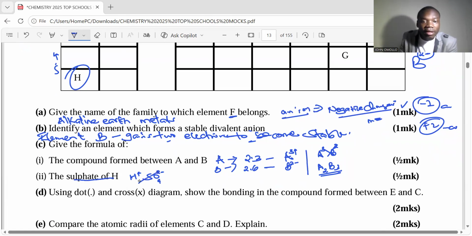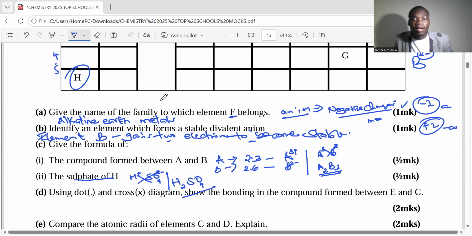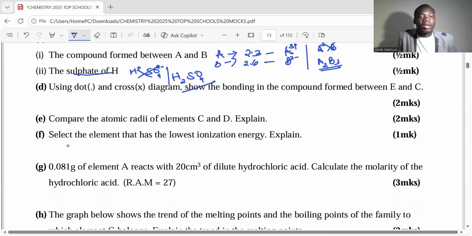So when these charges are interchanged, we are going to have H2SO4. This one is the compound formed.